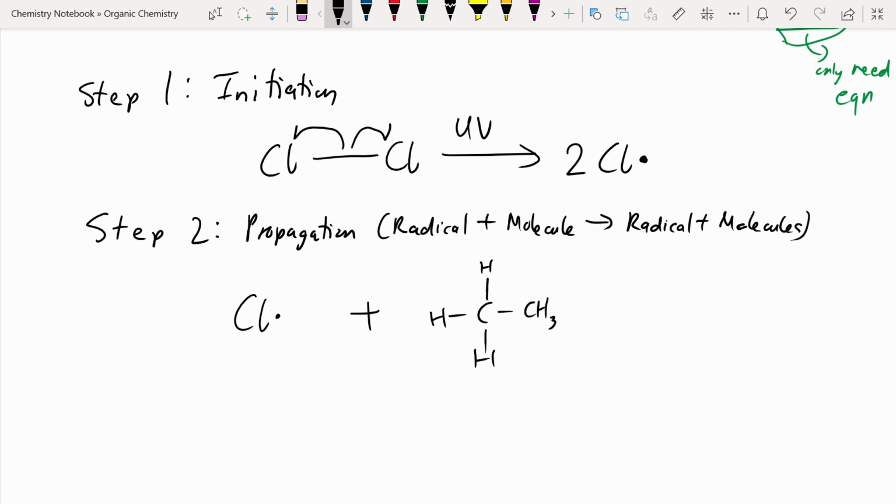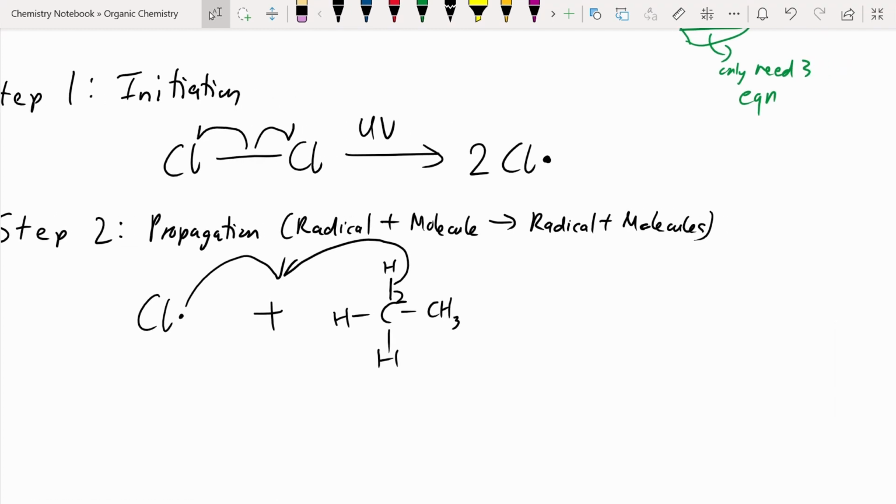So now the carbon is gonna take one of the bonding electrons, and one of the bonding atoms is gonna combine with your chlorine. This will give you your HCl and your radical. This will be your radical.